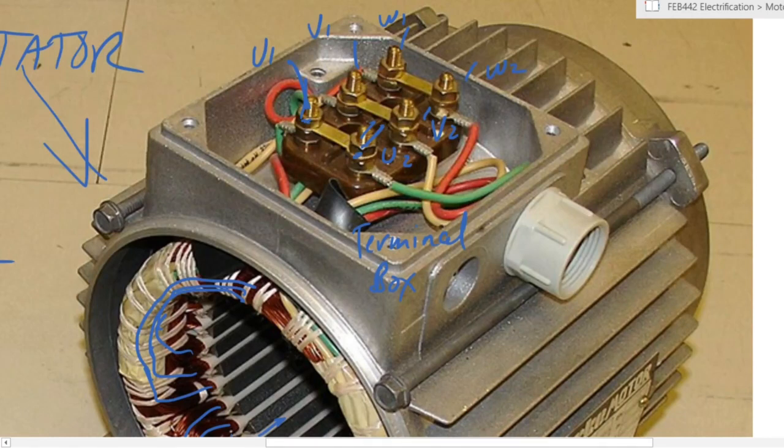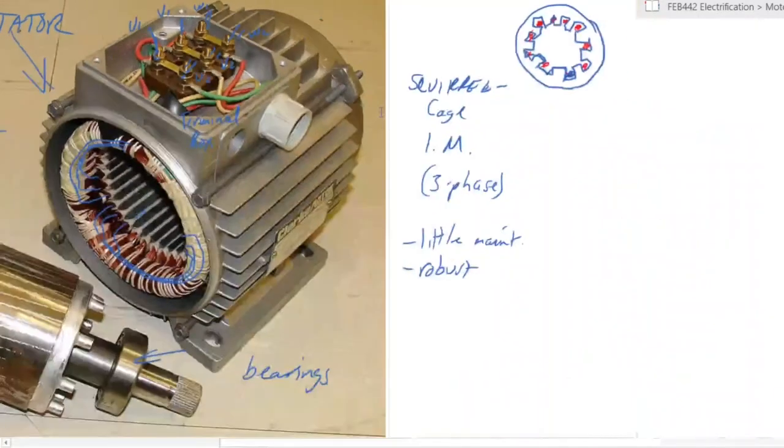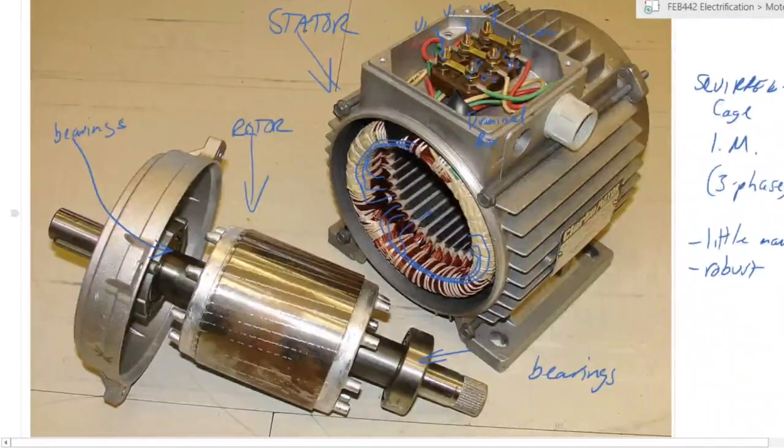So every set of windings has two ends, and then there are three sets of these windings put together. Each of these three is connected to a phase of the power supply. So you have a three-phase power supply being supplied to your windings, and the windings will become energized inside the stator. That's key number one.